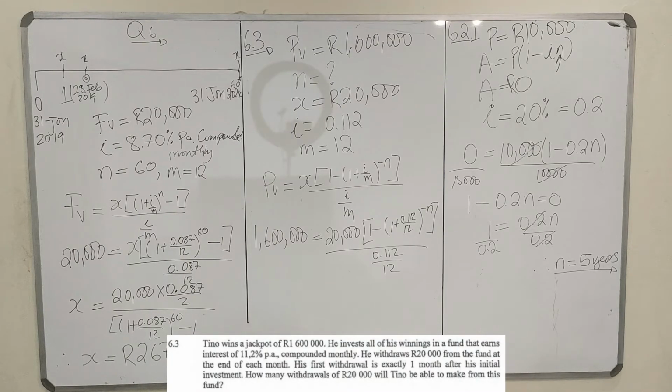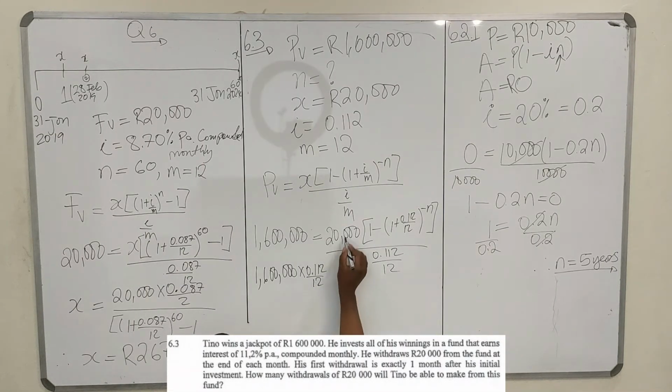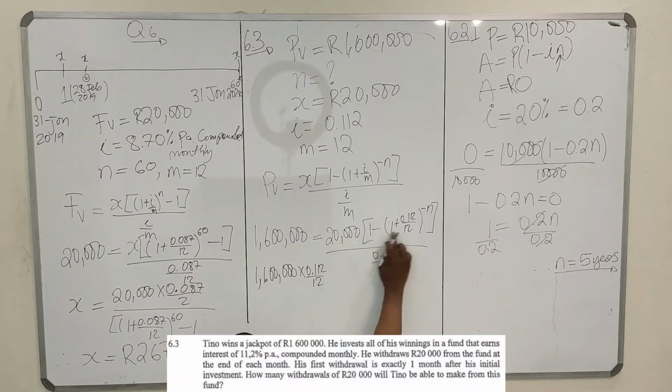What do we do? We cross multiply. So you will have 1.6 million times 0.112 over 12. Then once this one is gone, you're left with this, divided by 20,000.